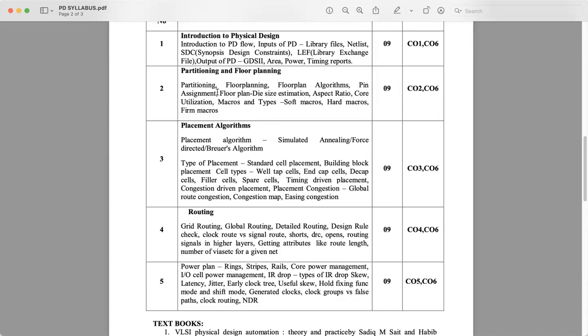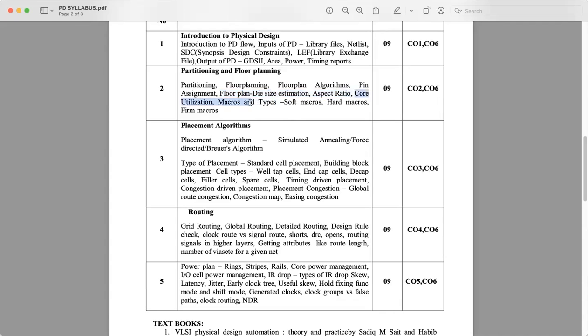Then pin assignments, how pins are assigned. Then floor plan, the die size estimation, the aspect ratio. Aspect ratio is very important because the width, the length ratio, the beta ratios all need to be concentrated on.